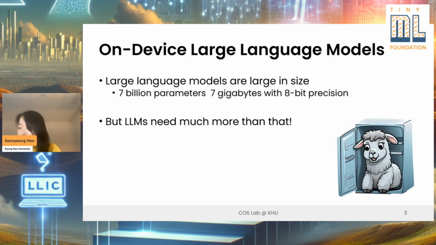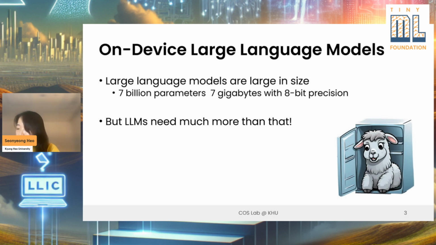The most popular models considered for on-device AI are LLMs with 7 billion parameters, which requires around 7 gigabytes for their model parameters when quantized to 8-bit precision. Since small computing systems have limited memory size around 4 to 8 gigabytes, even 7 billion parameter models hardly fit in their memory. So enabling on-device LLM is like putting a llama inside a refrigerator.